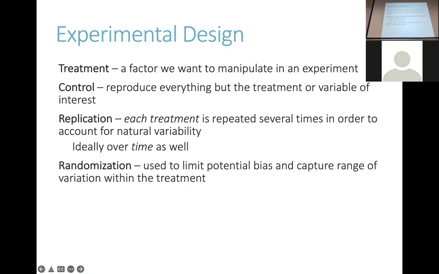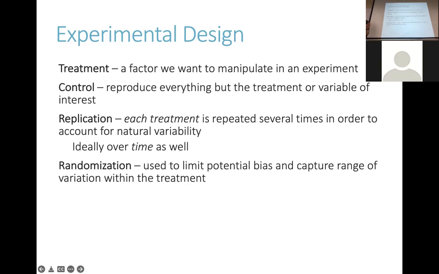Randomization is the next part. So randomization is where you randomize maybe the plots that you're looking at or how you set up your test tubes in the lab. This is inherent in any statistical test. It's assumed that you've randomized your treatments and your controls.